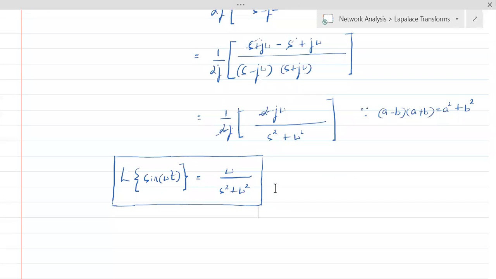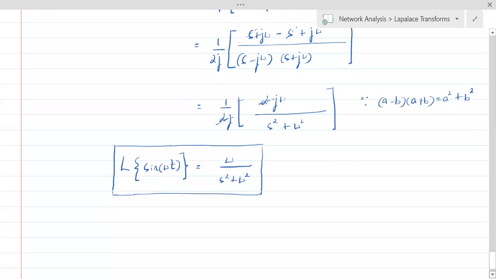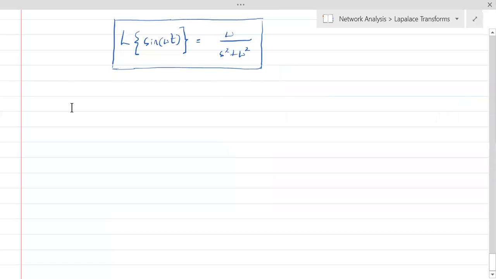So we shall see a standard list of Laplace transforms, which you can always use as a reference when asked to solve problems. Again, I'm not going to solve it for cos omega t and the combinations of these basic signals. What we'll be doing is we shall list them. Just copy this.